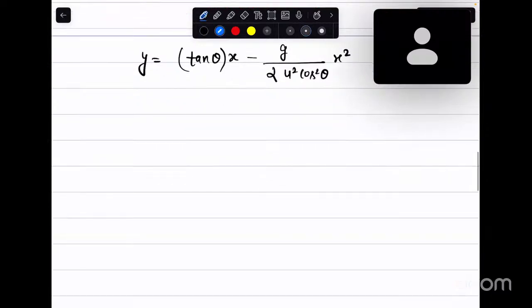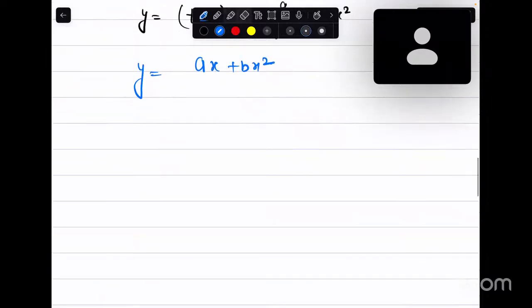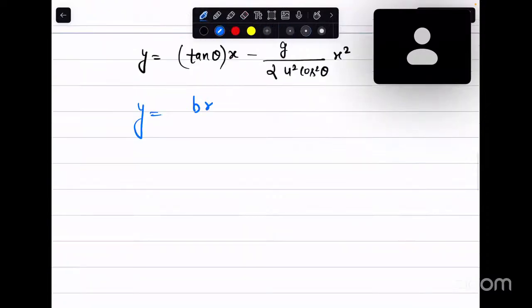If you compare it with y is equal to ax plus bx square, or let me write it in a more familiar way, y is equal to bx plus ax square, where b is tan theta and a is g by 2 u square cos square theta. In this case, theta is the angle of projection.